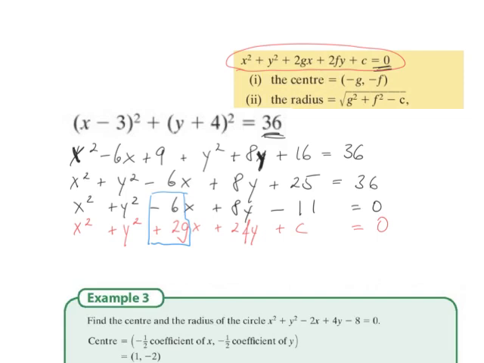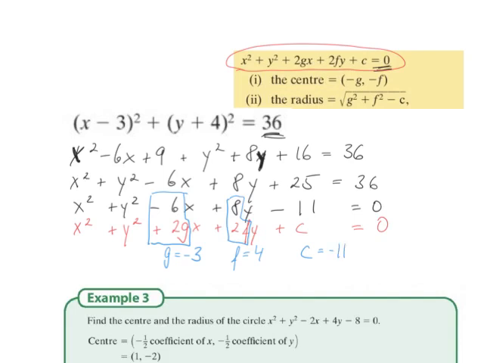So 2g is minus 6. That tells me that g is minus 3. And here we have 8 is 2f. So if 8 is 2f, that tells me f is 4, and c equals minus 11.